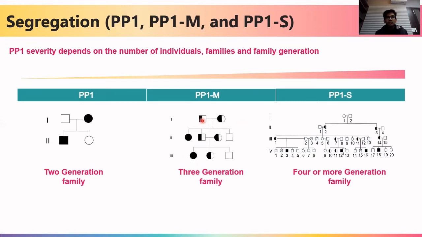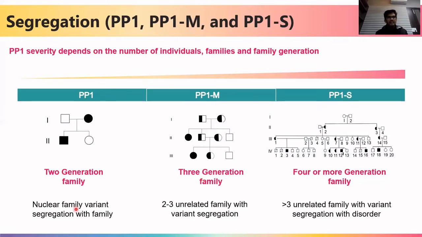So this could be considered moderate evidence, and you can provide it as PP1M. Now, if there's a four or more generation family in which this variant has been segregating with the disorder, and you have identified such individuals with the phenotype and the homozygous variant, in that scenario you will mark it as PP1 strong.